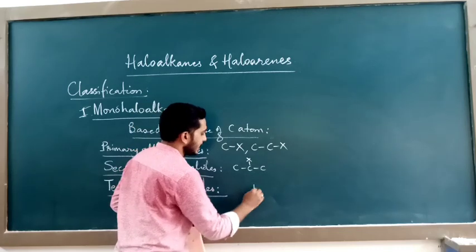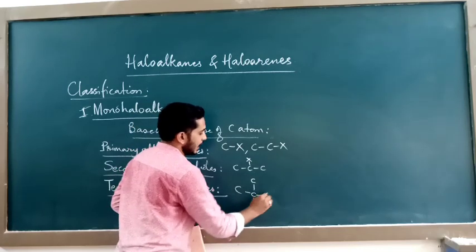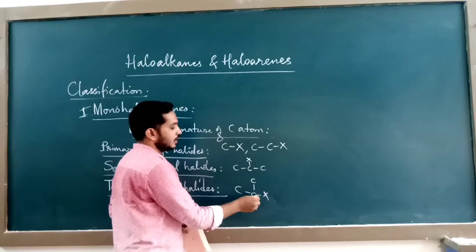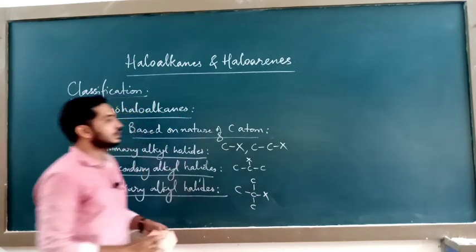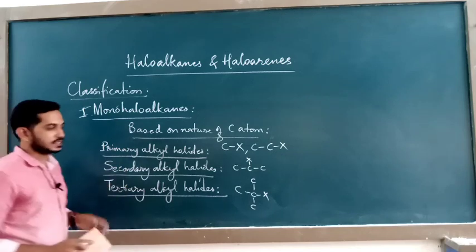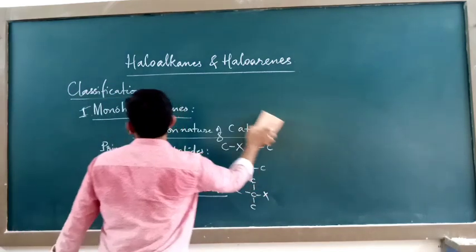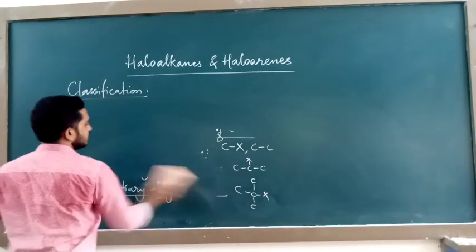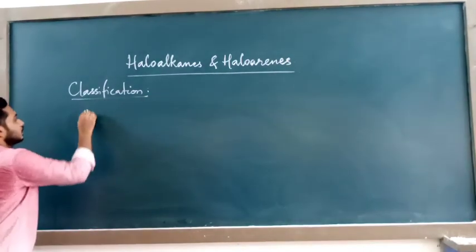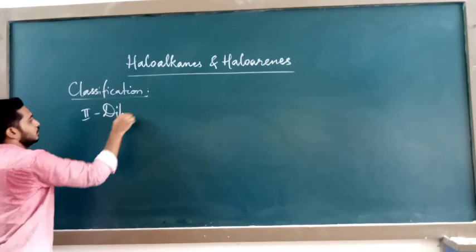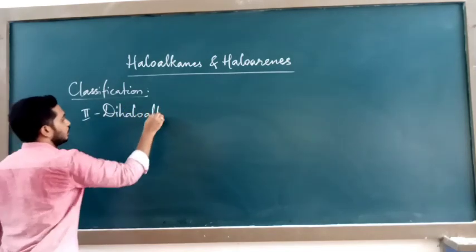A tertiary alkyl halide is the one in which halogen is attached to a tertiary carbon, which is attached to three carbons. In this way, monohaloalkanes are classified. Similarly, dihaloalkanes are also classified into two types. Let us see the classification of dihaloalkanes.